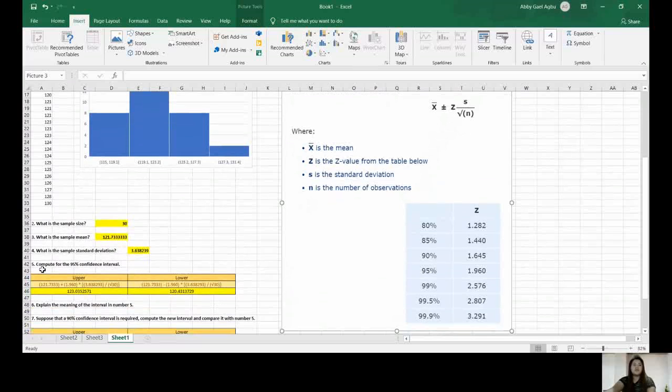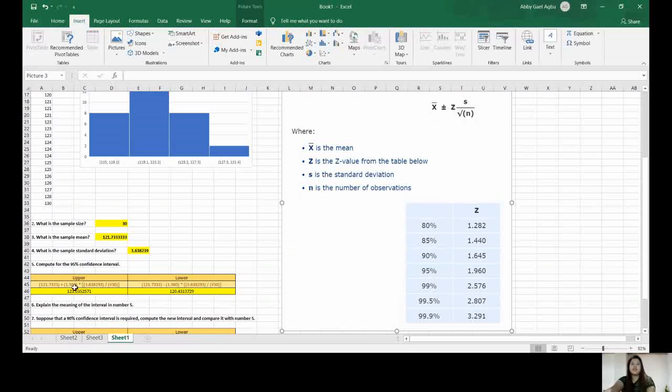So here, compute for the 95% confidence interval. For the upper part, we have this mean. Our mean is 121.73. So for the upper, we need to add the z value from the table. For 95%, the value for z is 1.960.